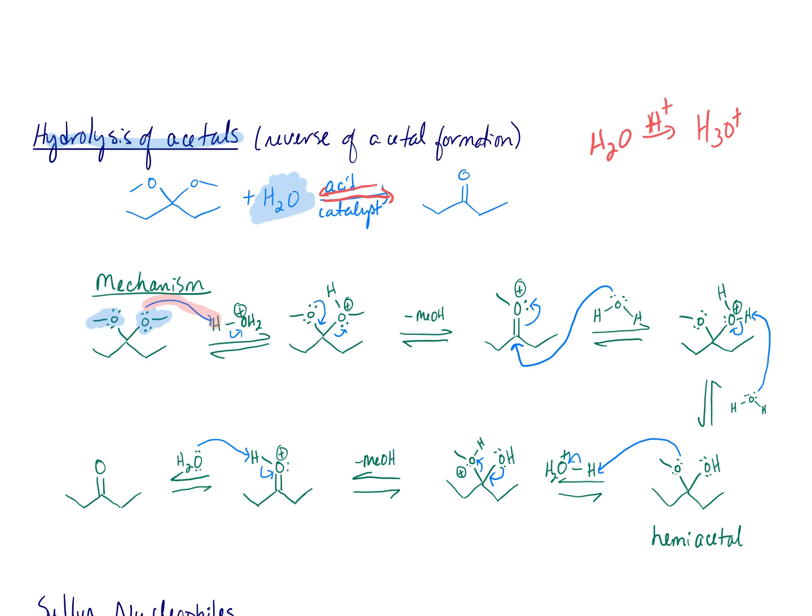So that's the reason why I'm using here H3O plus and water. So after we complete that transformation, this is a water molecule that leaves behind. Then the oxygen from the other ether comes down, and this alcohol leaves. So in this case, we're getting methanol out.